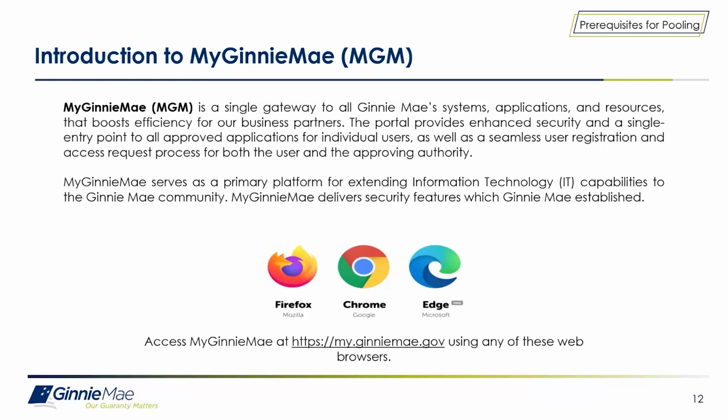Okay, introduction to MGM, of course, my GenMay. This is the only way you can access the GenMay system nowadays anyway. My GenMay has been out there since, I want to say we started testing this in 2007, and then in January 2008, we started doing enrollment of users. So what is my GenMay, MGM? Of course, this is GenMay's single gateway to all the GenMay systems, applications, and resources that boosts efficiency for the business partner.